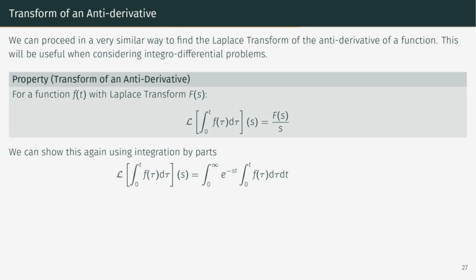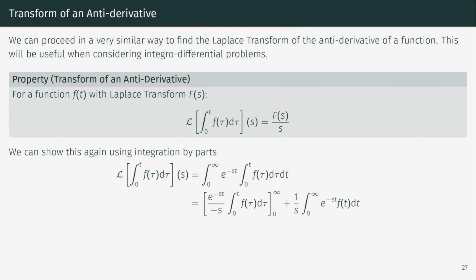We see that the Laplace transform of the integral of f(τ) dτ from 0 to t equals the integral of e^(-st) dt from 0 to infinity times the integral of f(τ) dτ from 0 to t.